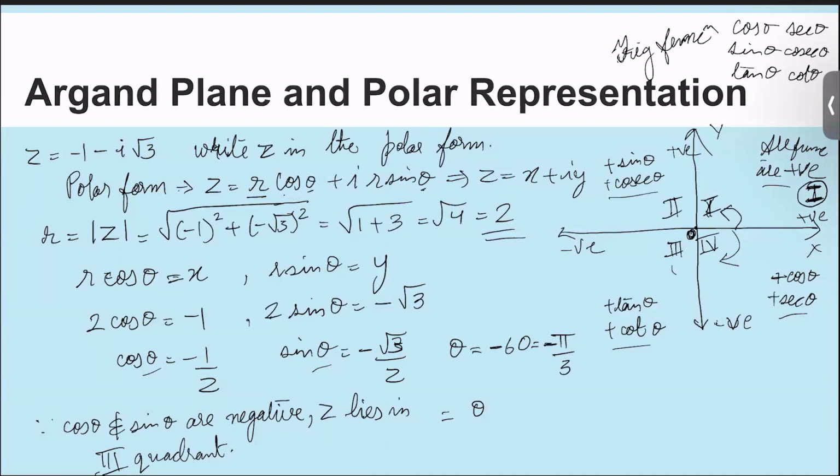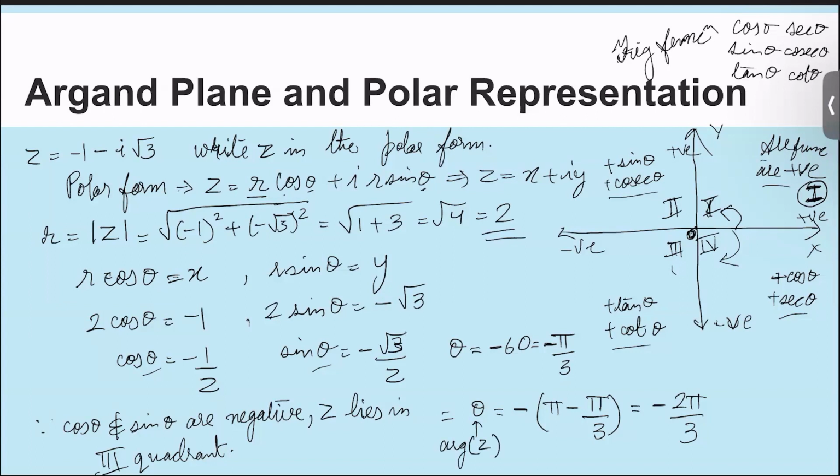Since we do not want to denote it in the minus pi by 3 form, we write theta equals minus pi, that is 180, plus the theta that we got over here, and that would be minus 2 pi by 3. So this is the argument of z.